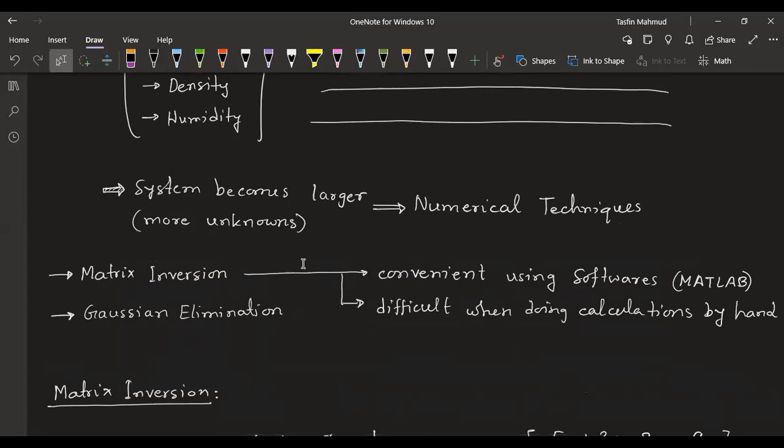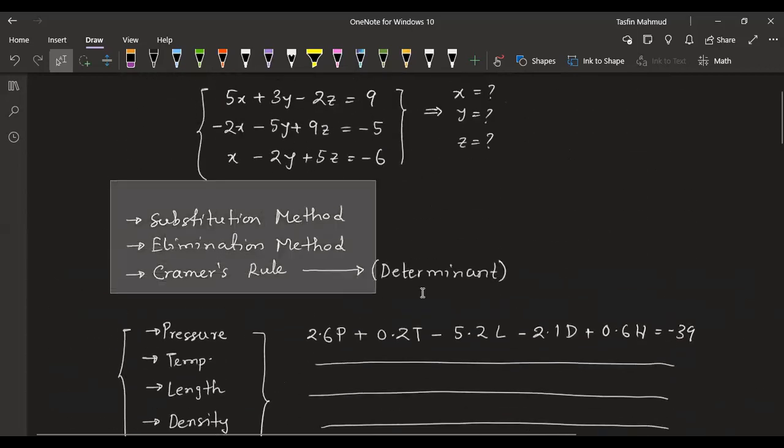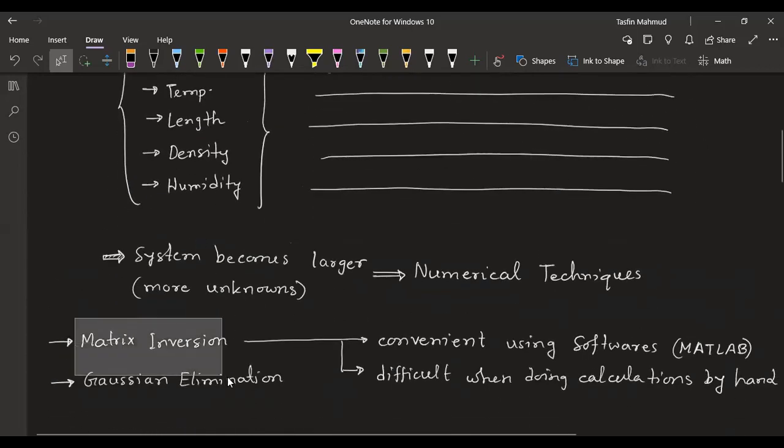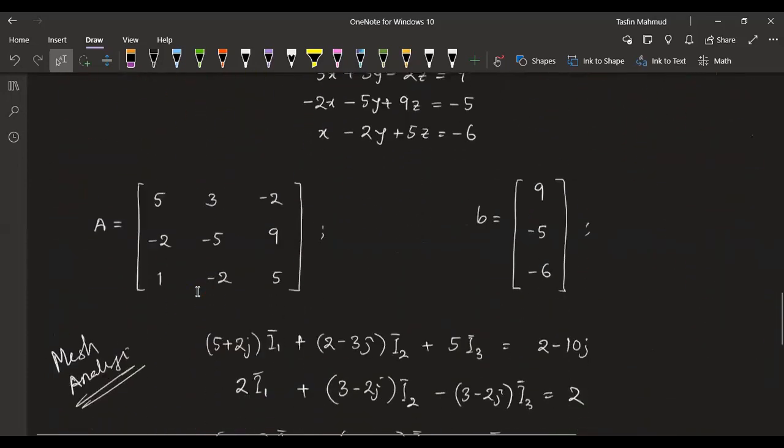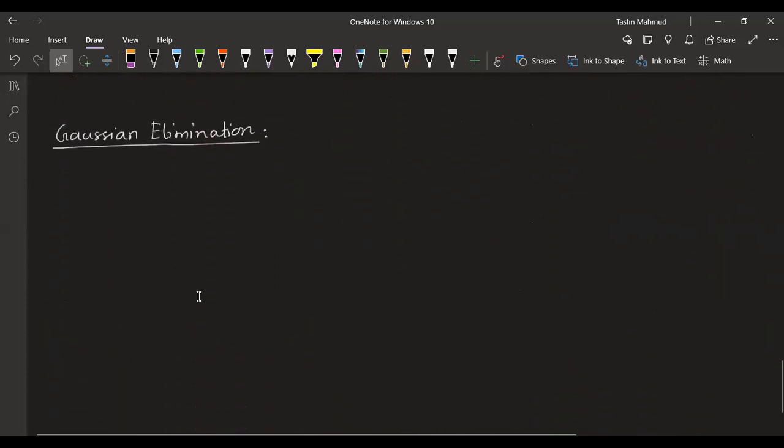First thing first, why do we need Gaussian elimination? We know about these techniques, we know about matrix inversion. Why do we need Gaussian elimination now? Matrix inversion is a very time consuming method, if I want to say.